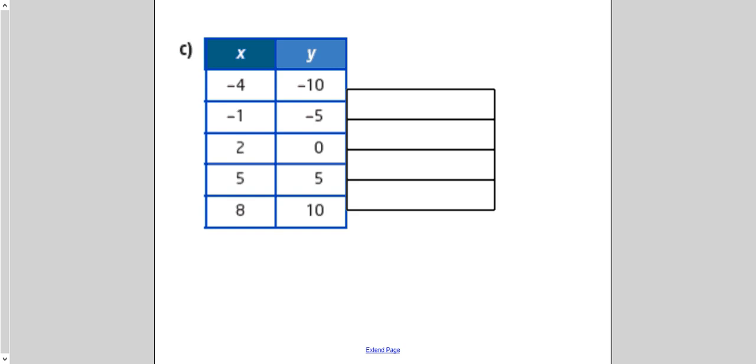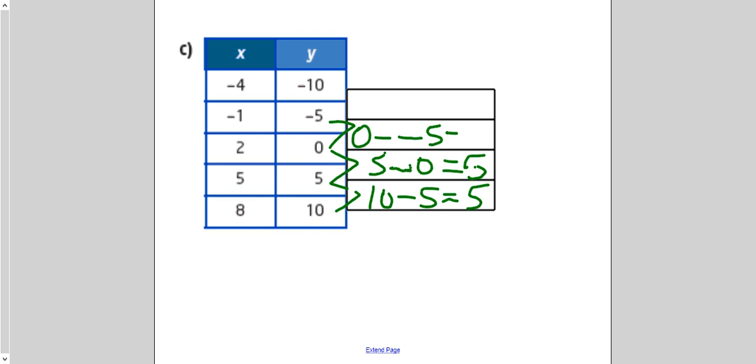So let's begin. I want to start at the very bottom and subtract my way up. So 10 minus 5, which is 5, and 5 minus 0, which is 5, and then 0 minus -5. 2 negatives, that means it's a positive.